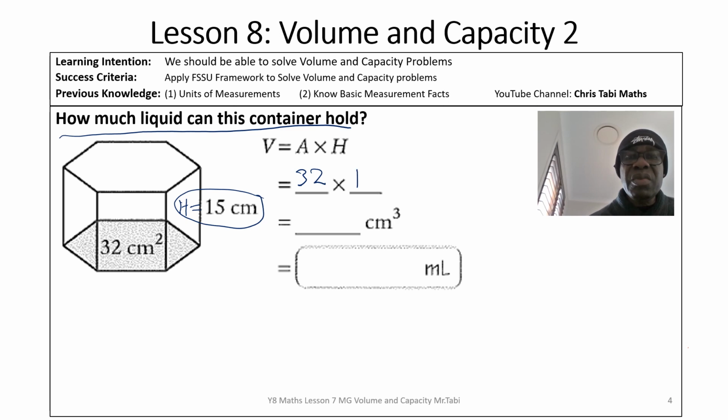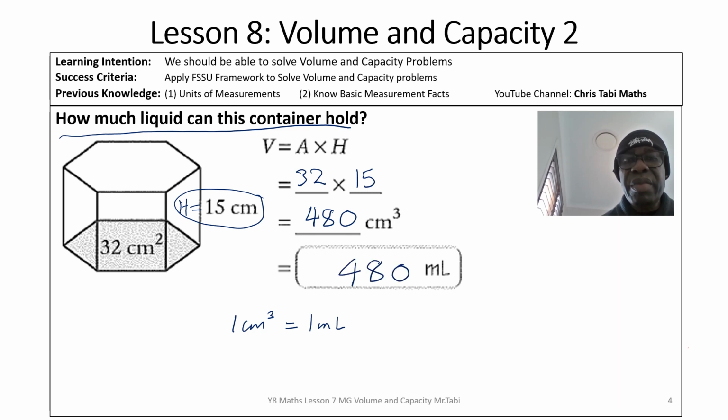So we pop the H there, and we need to perform 32 multiplied by 15, and that gives us 480. So we have 480 cubic centimeters, knowing very well that 1 cubic centimeter is equal to 1 milliliter, then that capacity is simply 480 milliliters.